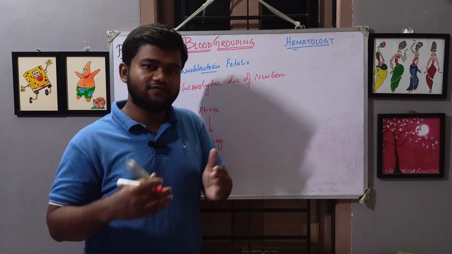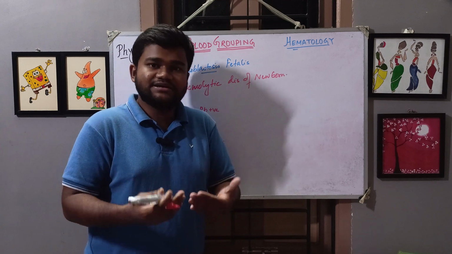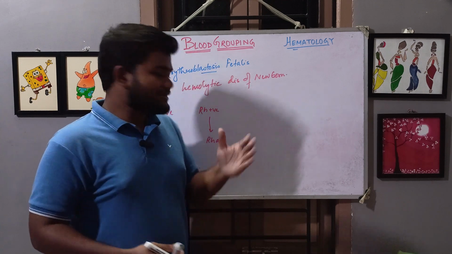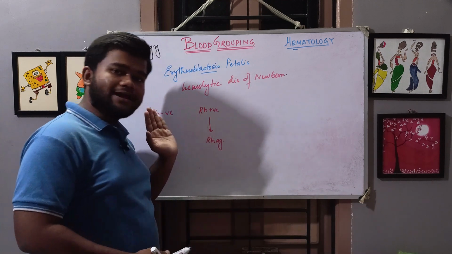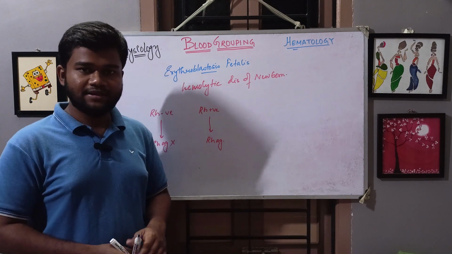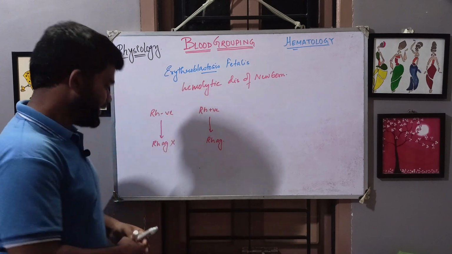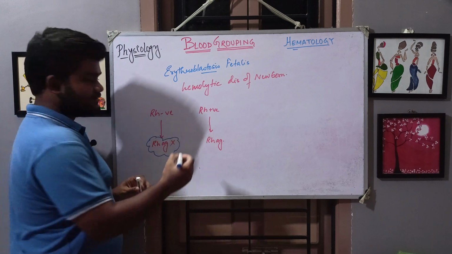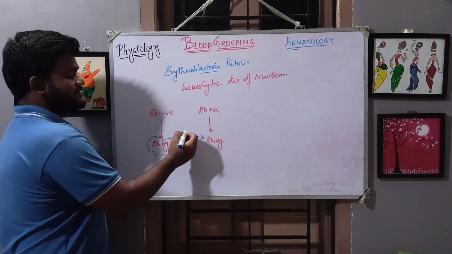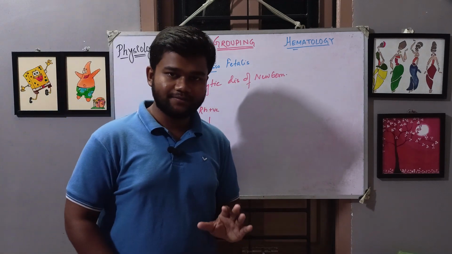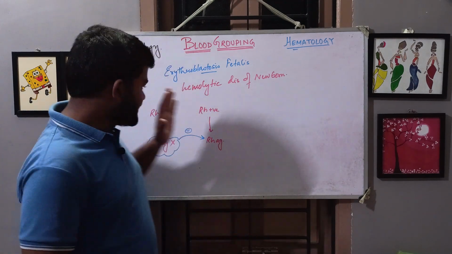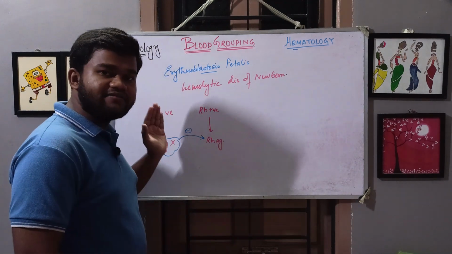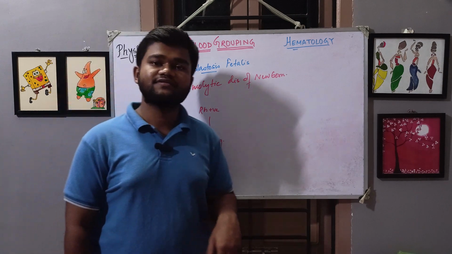But during the delivery of the baby or during any surgical procedure, fetal blood may come in contact with maternal blood. As a result, the maternal blood will develop some antibodies against this Rh antigen. Thus, the maternal blood will now have Rh antibodies against this Rh antigen.